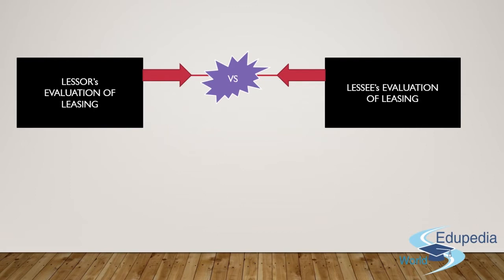Number one, they should be aware of one particular thing. If you are providing some asset or equipment or machinery on lease, you need to ensure that your income as a lessor, whatever lease rentals you get from a lessee, is taxable. Remember that.